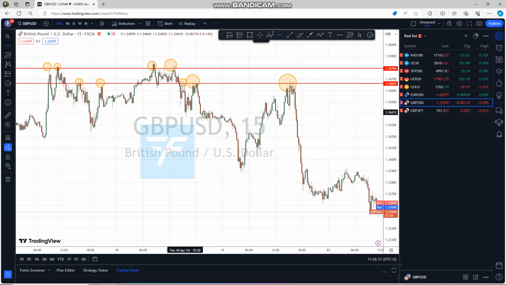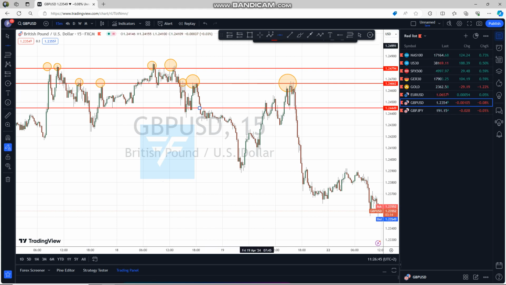From here you can see there is some kind of resistance level, and somewhere here there is a support. It bounced off here, then here, then here, even here.